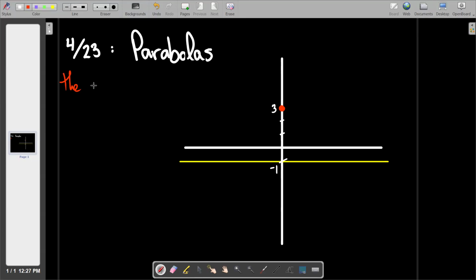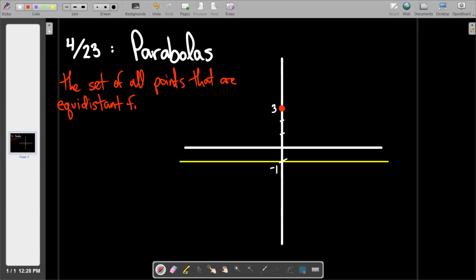So a parabola, by definition, is the set of all points that are equidistant. If you don't like that word, you can just write the same distance. I just think it sounds fancier to say equidistant. So equidistant from a point and a line.